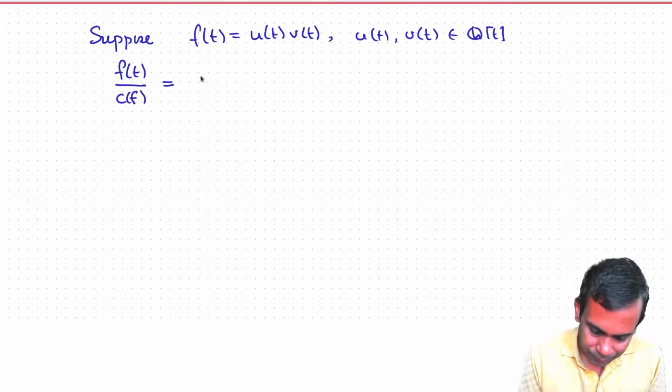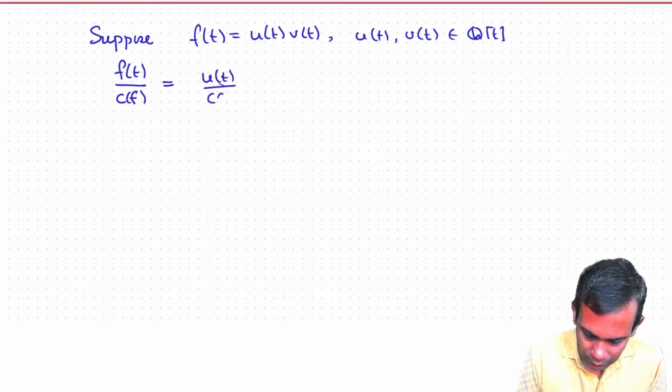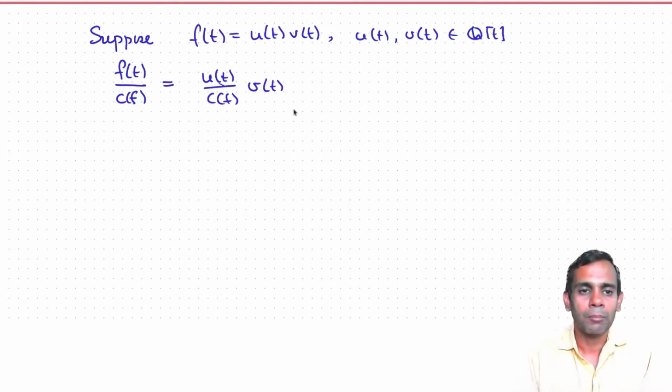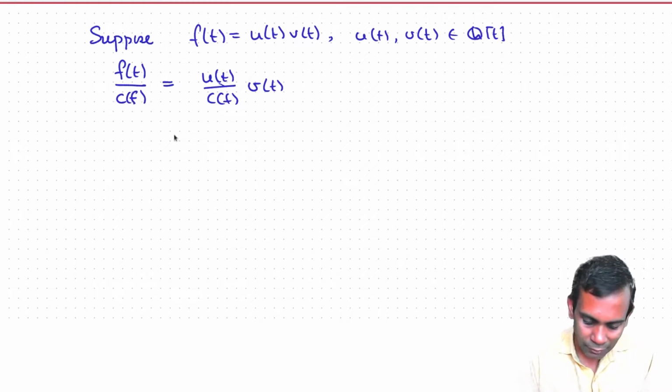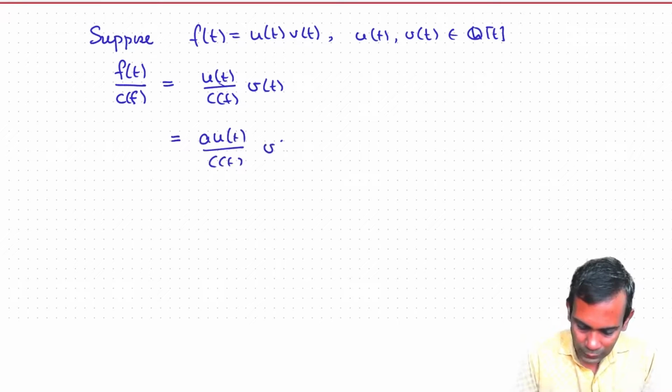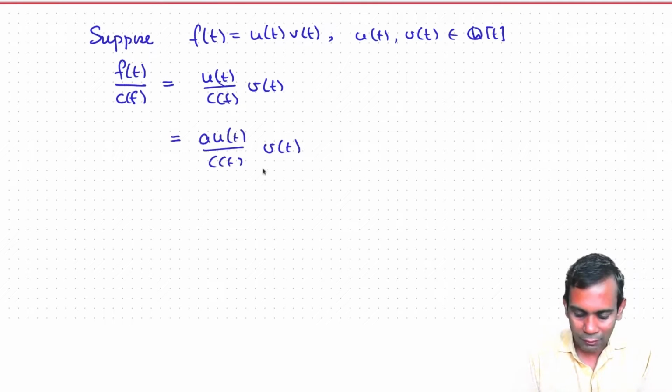Then this is u(t) over c_f times v(t). We can take it like that. So u(t) over c_f and v(t) are both polynomials with rational coefficients. And then, by Gauss's lemma, this f(t) over c_f is a primitive polynomial, and so we can write this as a times u(t) over c_f times b times v(t), where these are integer polynomials.